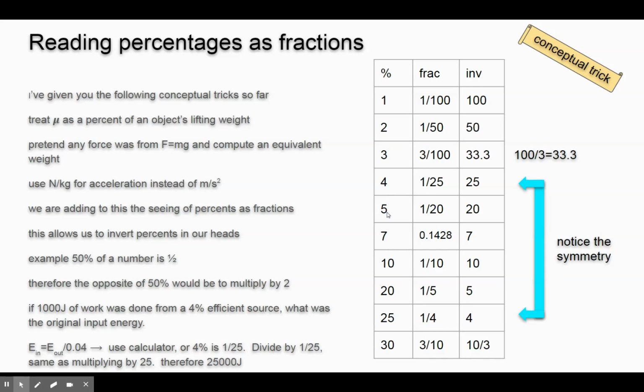What was the original energy? You would have to divide by decimal 0.05 on your calculator. But what's the opposite of a 20th? 20 times more. So if I said to you, a 500 joule energy source was only 5% of the original, then you go, oh, 500, 20 times bigger, that's 10,000.